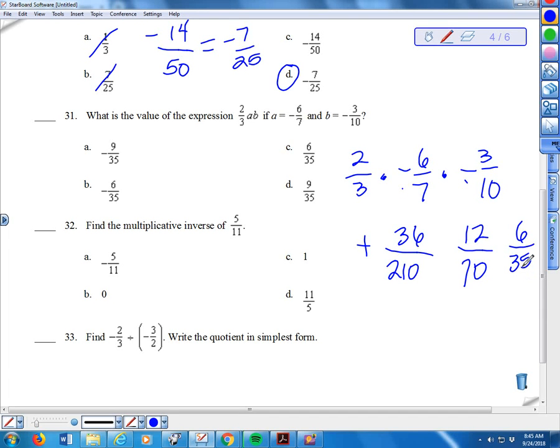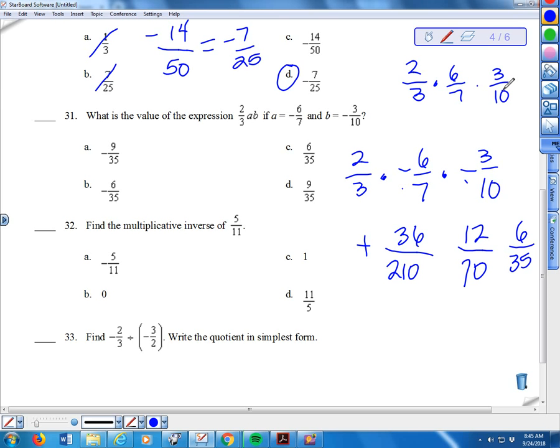Another way that you can simplify this without having to multiply across, and this is what I normally do: if I had just the fractions, 2/3 times 6/7 times 3/10, I'm always looking for things I can cancel out or reduce before I even start multiplying. The commutative property says the order doesn't matter.